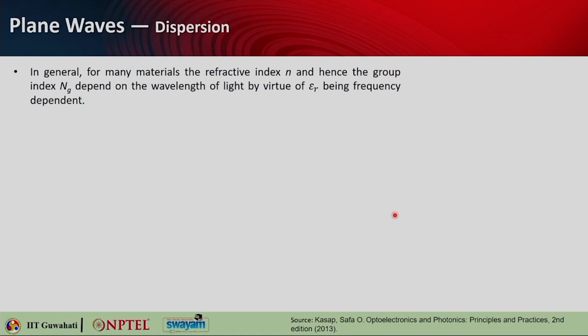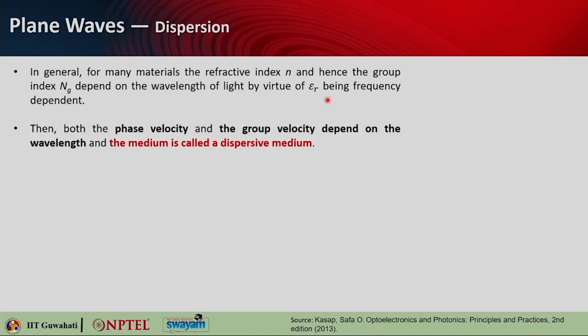So in general, for many materials the refractive index n, and hence the group index Ng, depend on the wavelength of light by virtue of epsilon r being frequency dependent.